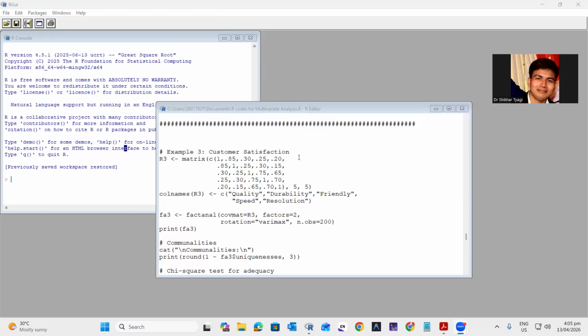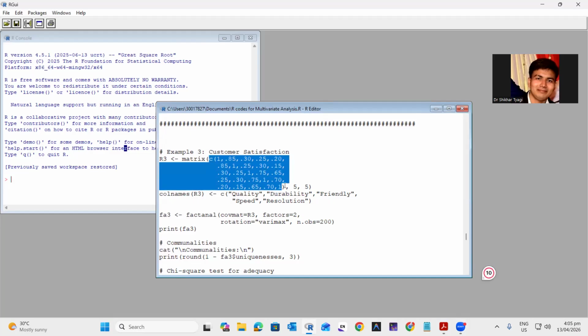For the customer satisfaction that we built in R3, we built one matrix. Here we provided the data set, and we made it a 5 by 5 correlation matrix.